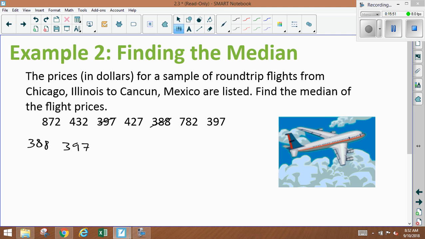We have another 397. The next one looks like 427. Then we have a 432. Next, 782. And then the next one looks like 872. Boom.